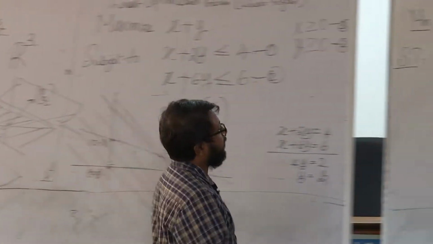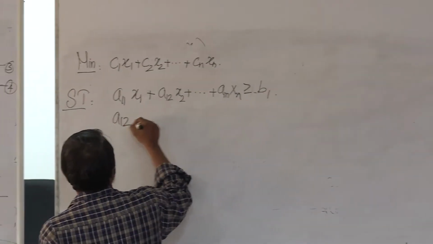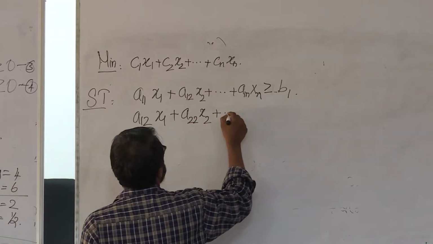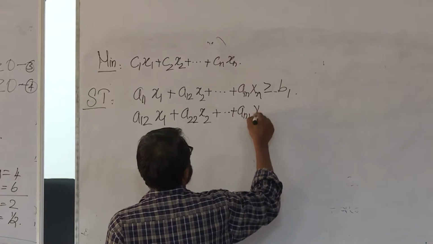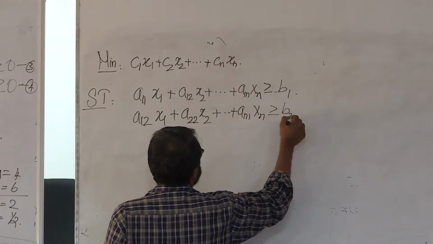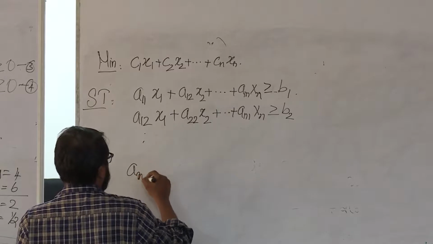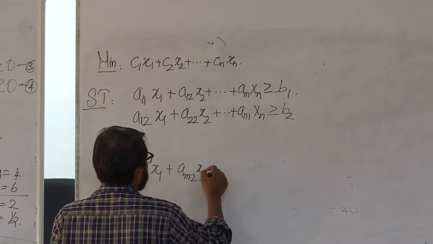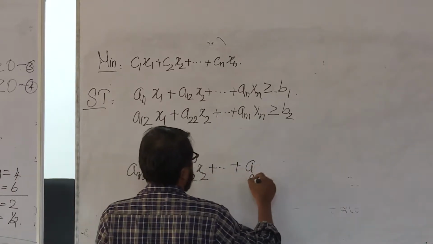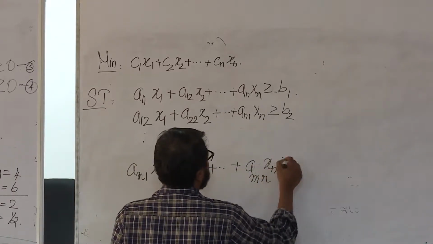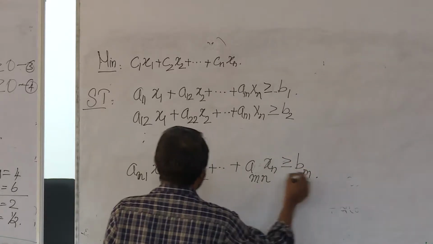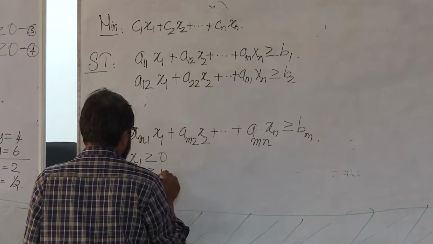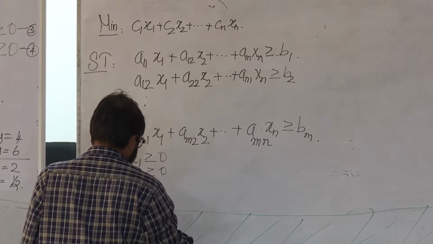Now, let us write this down. You will typically have some m constraints, up to Amn xn, along with constraints x1 greater than or equal to 0, x2 greater than or equal to 0, xn greater than or equal to 0.